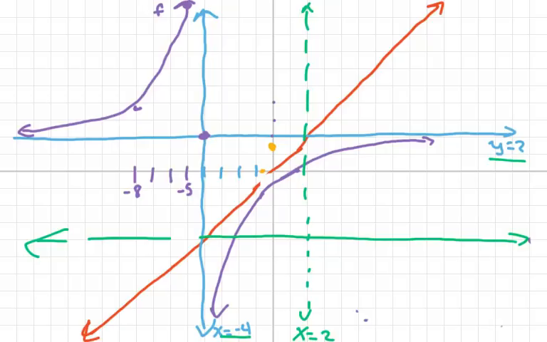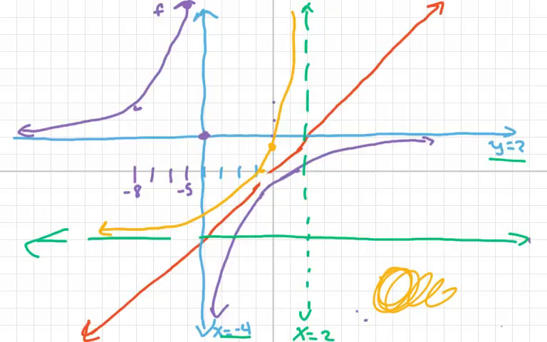Okay, since I'm in the green area now, this is what's hard. This is going to go like this. And we know that the other piece is going to be on this side, right in here.